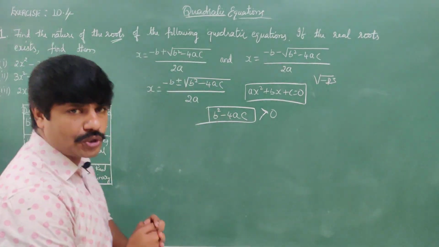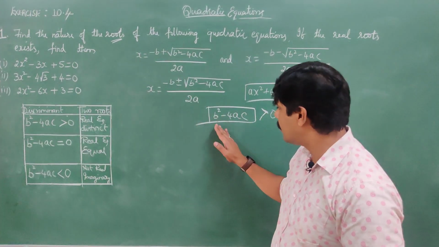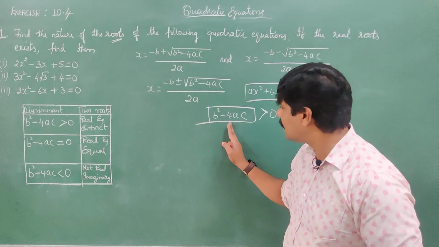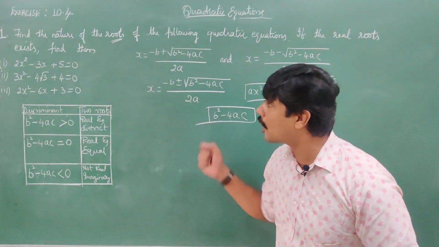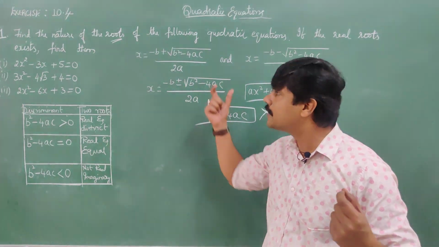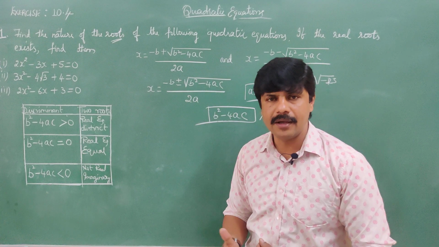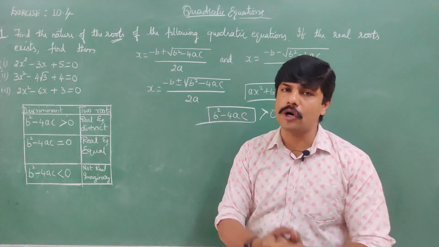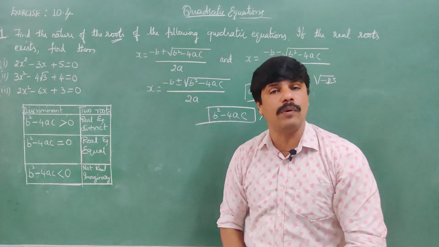That is what is asked here. Find the nature of the roots. Based on this we are going to find. Based on what? Based on b square minus 4ac. This particular b square minus 4ac is called the discriminant because it helps in finding what kind of roots you are going to get. Whether they are real, whether they are not real. Whether the real roots are distinct or equal.